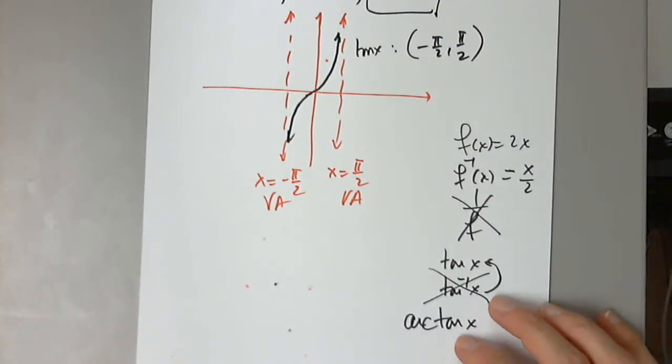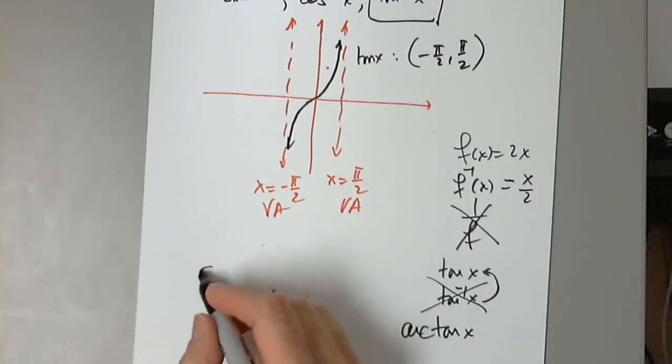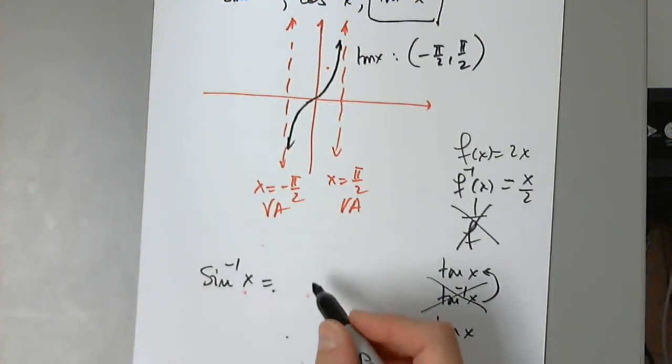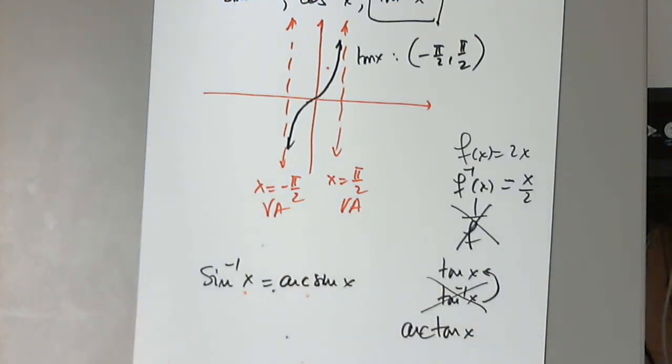Is that clear? And for example, sine inverse of x is the same thing as arc sine x, just to make sure that there is no confusion here.